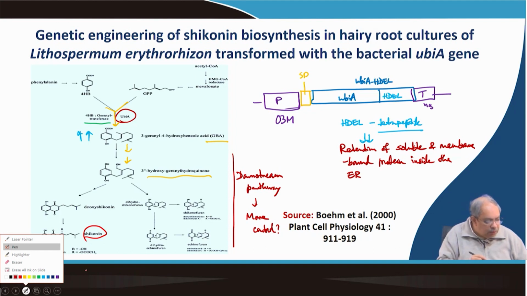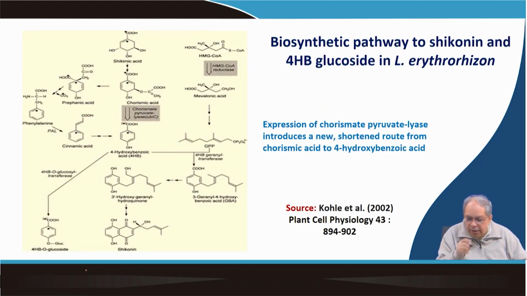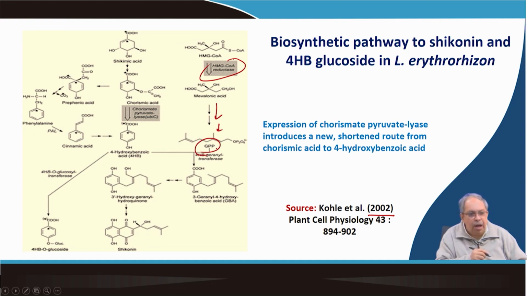Okay. Now, the third one is by the same group, another paper they published in 2002. This time they have taken HMG-CoA reductase, which converts HMG-CoA to mevalonic acid, because that is the route which contributes to the GPP formation, and they have taken the UBIC. So, UBIC converts chorismate to 4-hydroxybenzoate, so that you get more of 4-HBA, and HMG-CoA reductase, if it works, converts HMG-CoA to mevalonate.